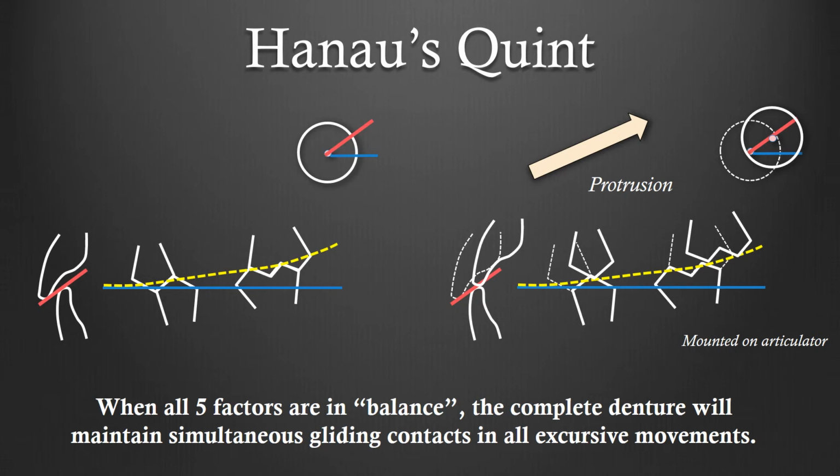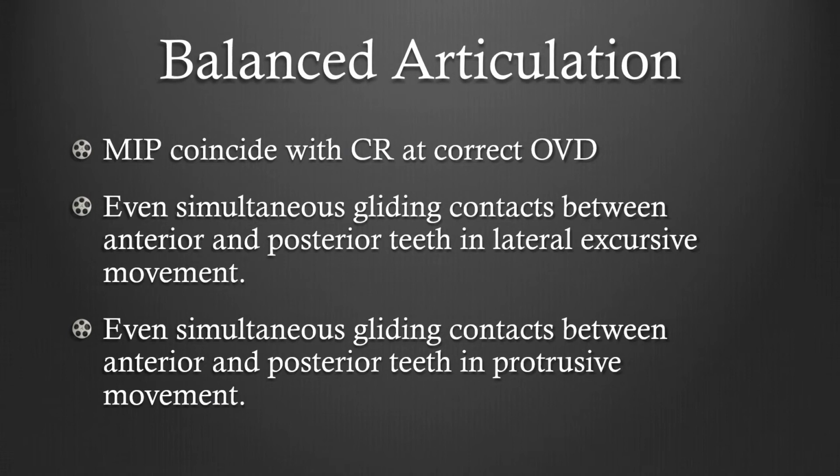These diagrams have shown you when all 5 factors are in balance, the complete denture will maintain simultaneous gliding contacts in all excursive movements. The most commonly applied occlusal scheme for complete denture patients is balanced articulation.